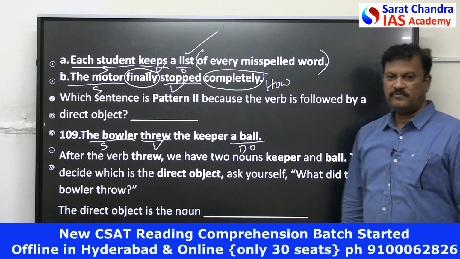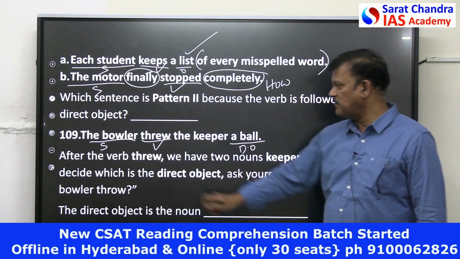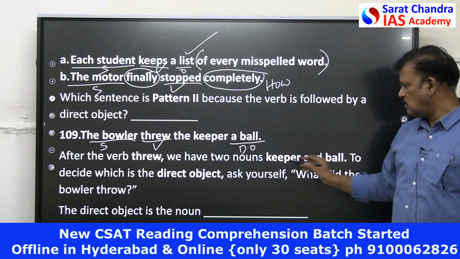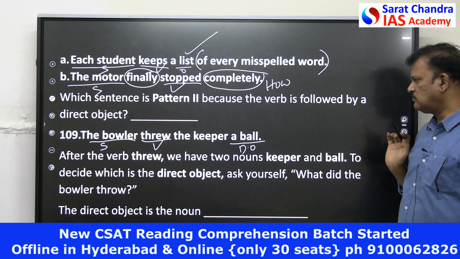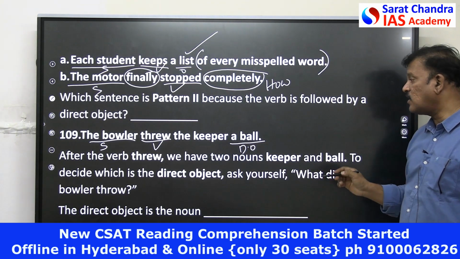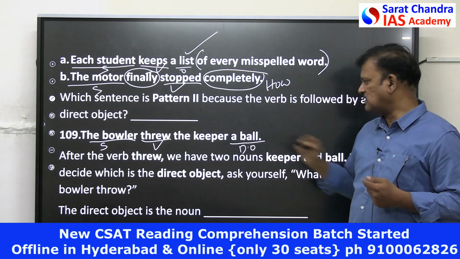Okay, fine. Now read this information and see what it is trying to say. After the verb threw, we have two nouns: keeper and ball. To decide which is the direct object, ask yourself, what did the bowler throw? What? Yes.